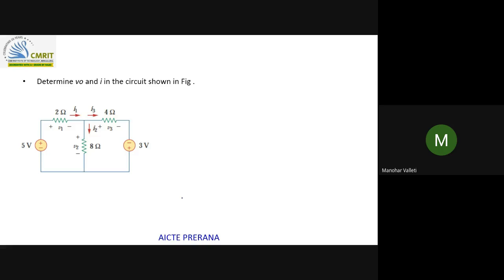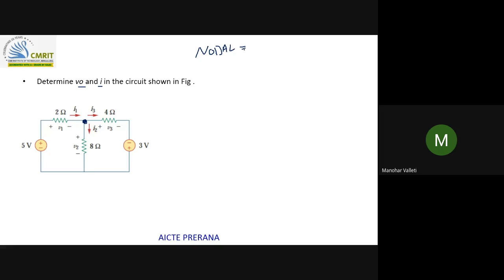So can you solve this problem simultaneously with me? I want V naught and I for this. The easy way is, as I am seeing the two loops, instead of applying either KVL or KCL, I will easily apply nodal analysis. Nodal analysis is a combination of Ohm's law plus KCL, right?